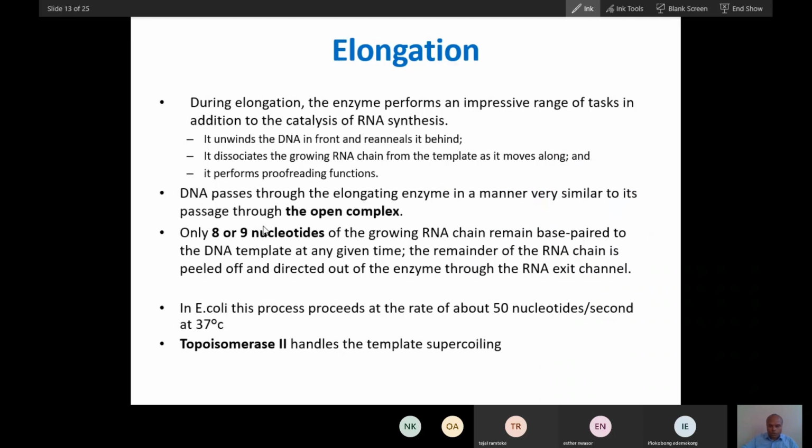Now the elongation phase. In the last class we also did the elongation phase. During elongation this is RNA, this is DNA. In the DNA there will be a loop, and that loop will travel. I will make one loop here.